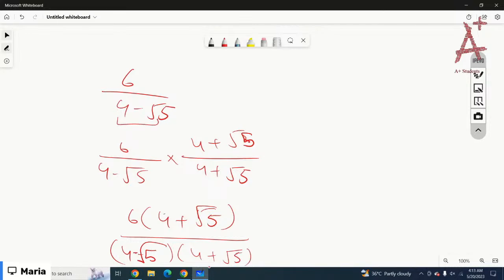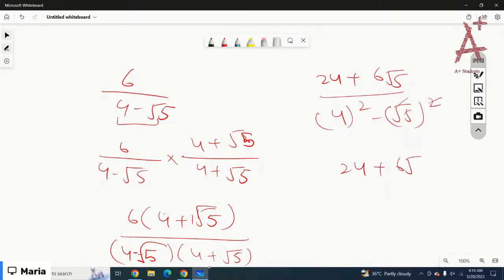You have to multiply 6 times 4 is 24 and plus 6 square root 5. Here you have 1, 6 times 1 is 6. It would be 6 square root 5. And you can write them as a plus b and a minus b. You can write them as a square minus b square. The square and square root got cancelled out.